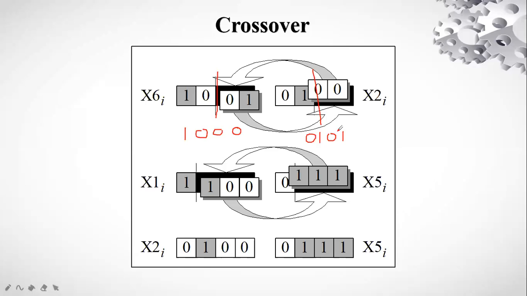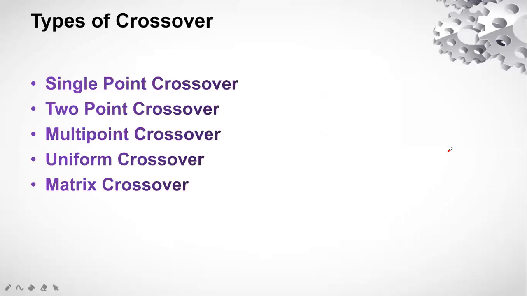Now what we are going to see is that there are different types of crossover operations which can be performed. The different types of crossover operators are: first is called the single point crossover, second is the 2-point crossover, third is the multi-point, fourth is uniform, and fifth is called the matrix crossover.